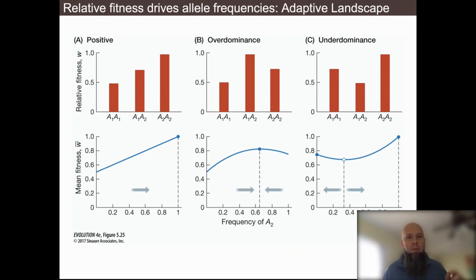The frequency of A2 could start anywhere on that blue line. But under these three different circumstances of selection, that frequency of A2 is going to shift to one of those solid blue dots, okay? And it's going to shift due to these selection pressures exerted by these instances of overdominance or underdominance.